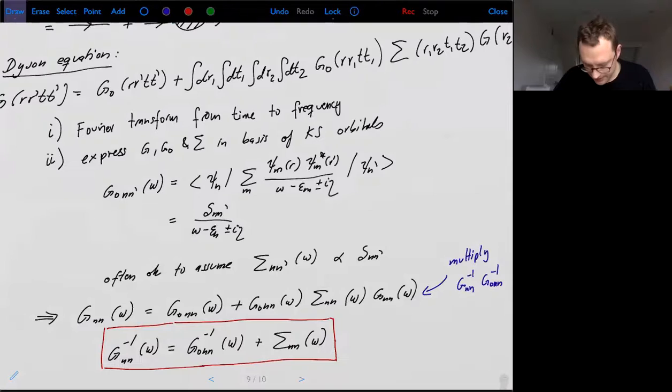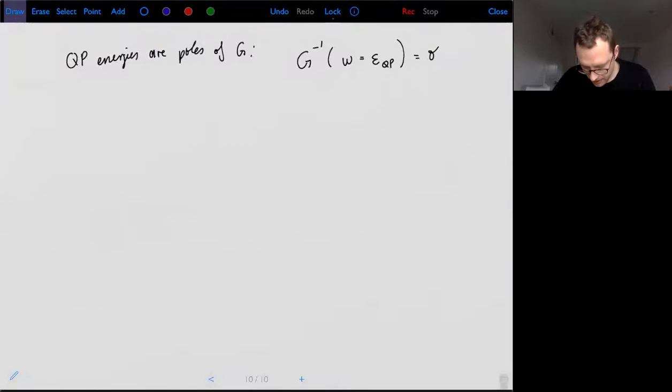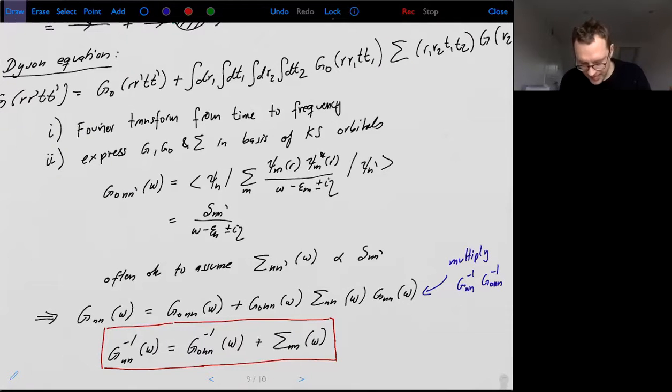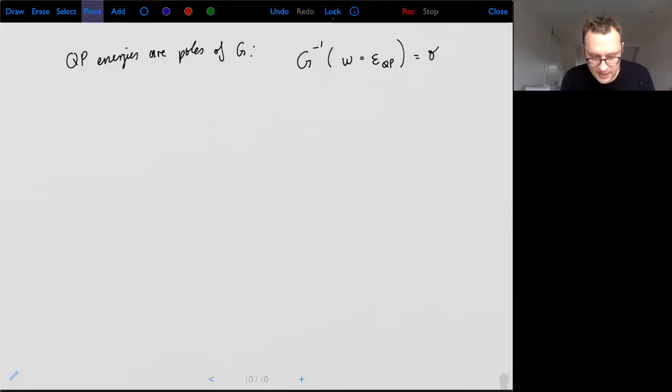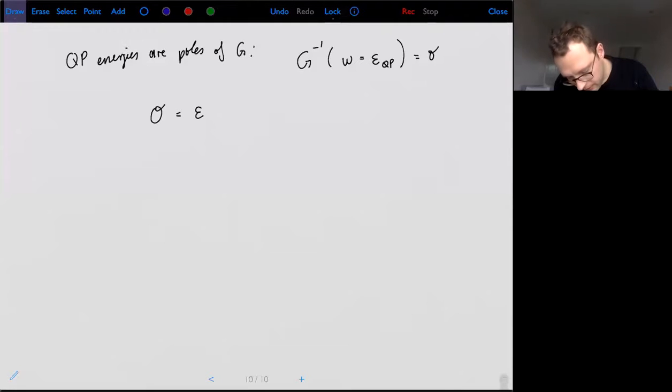Right, so we'll set the left-hand side to 0, and we'll use the fact that the inverse of the non-interacting Green's function is known analytically. It's just omega minus epsilon n. So what that means is then that the quasi-particle energies are given by this expression minus sigma nn of E. All right, I'm calling it GW here.